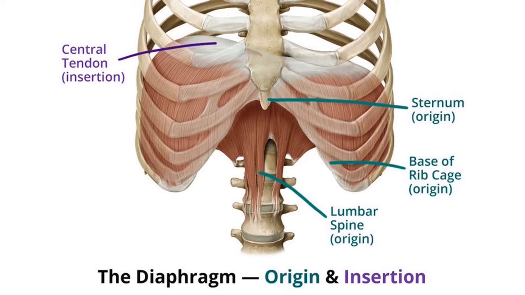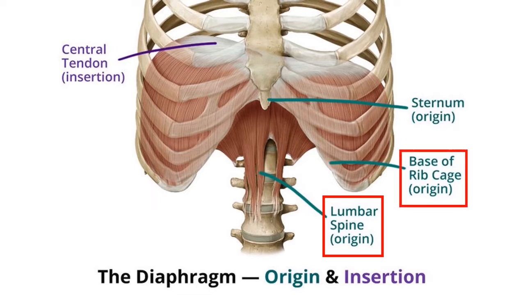Let's have an overall image of the diaphragm. The diaphragm separates the thoracic cavity from the abdominal cavity, and it is a dome-shaped structure. It takes origin from the lumbar spine, the base of the rib cage and the sternum.